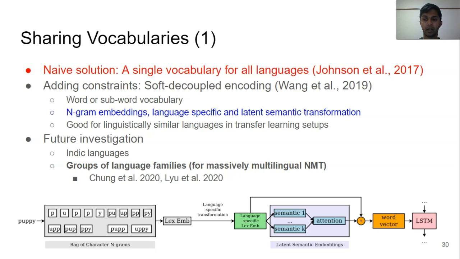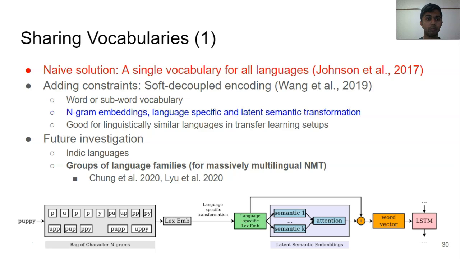This word vector, being better informed, can be used in the encoder, and in their experiments they found out that this kind of word vector generation is very useful in transfer learning setups where a resource poor language can be helped by a resource rich language. Now the question is that will this technique work for a wide variety of Indic languages, because Indic languages are very much related to each other.